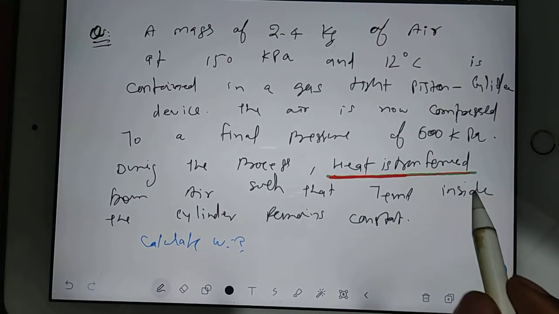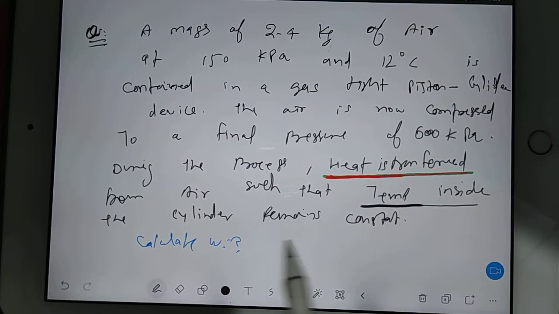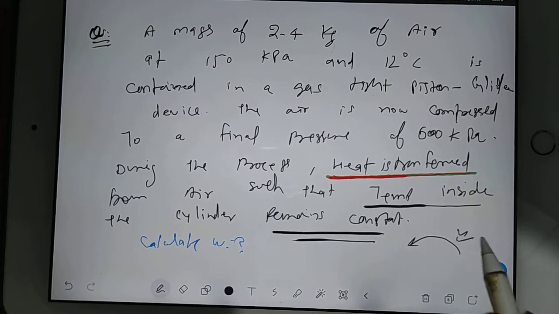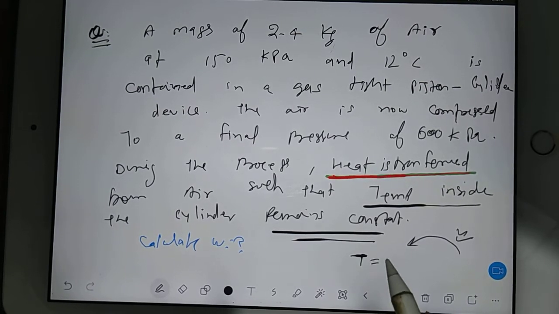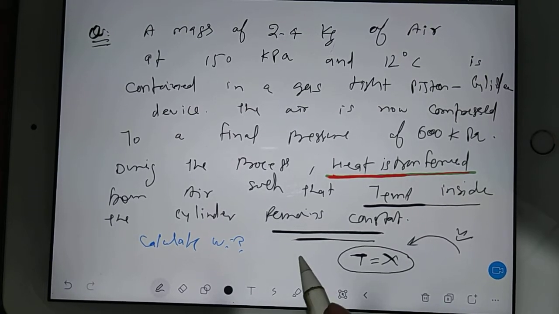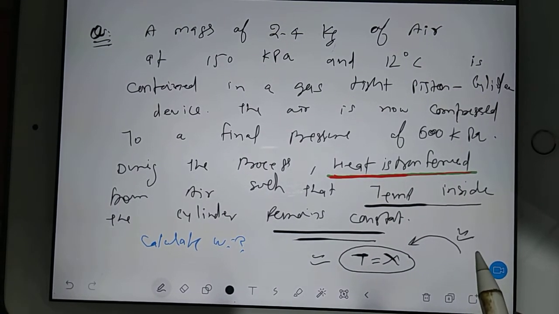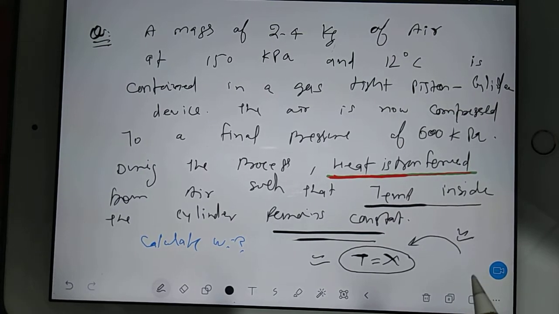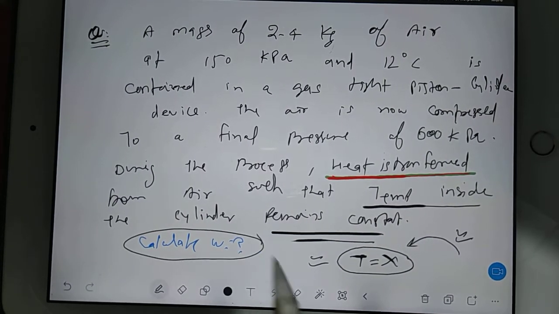So you should not be confused. Temperature inside the cylinder remains constant. It means heat transfer is allowed, but temperature change is not allowed. It means it is which kind of process? Isothermal. That's all. You have to use the work done formula.